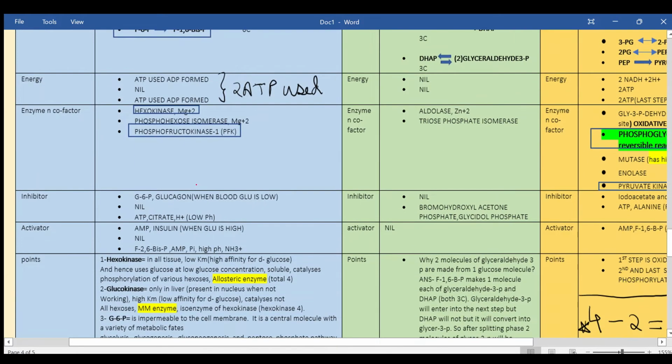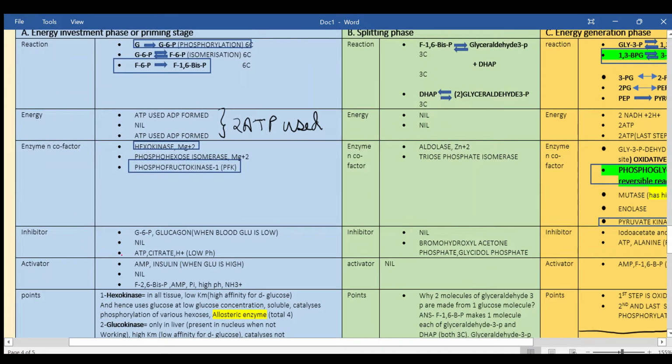Now the activators. Activators are definitely the opposite of inhibitors. So if you remember inhibitors, you can automatically remember the activators also. So the activators for the first step are AMP, that is adenosine monophosphate, and insulin. Why? Because now blood glucose level is high, and when blood glucose level is high, definitely glycolysis should occur, because we need to break down excess glucose, and for that we need insulin.